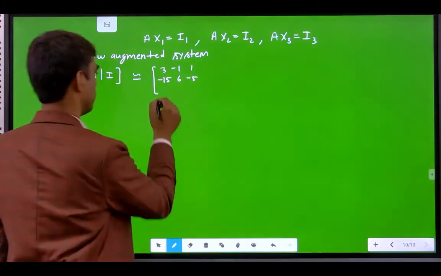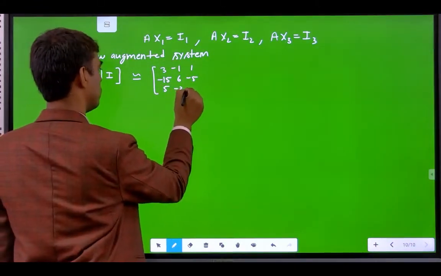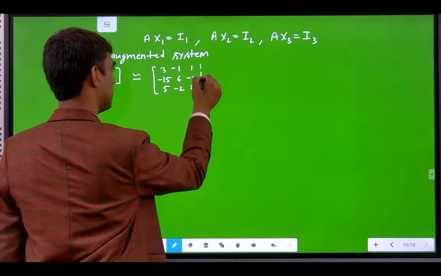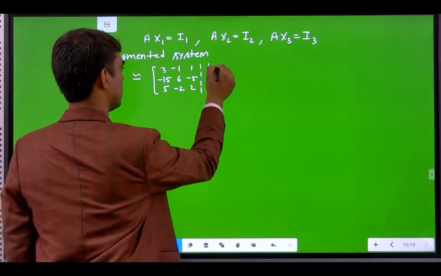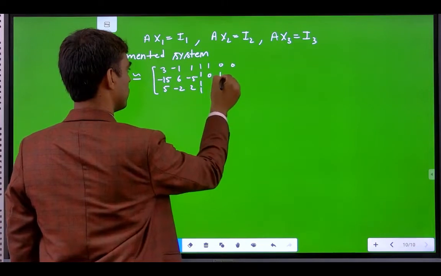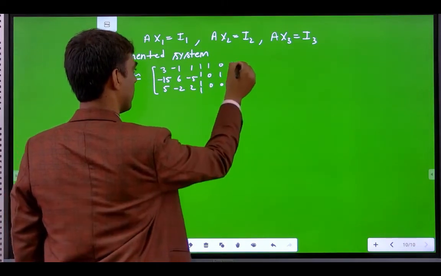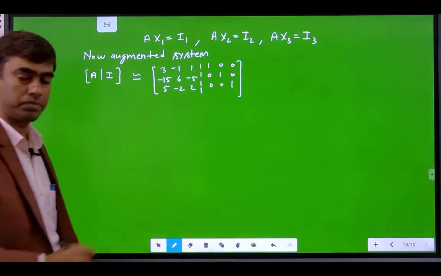Then the partition, and here we write the unit matrix: 1 0 0, 0 1 0, 0 0 1.